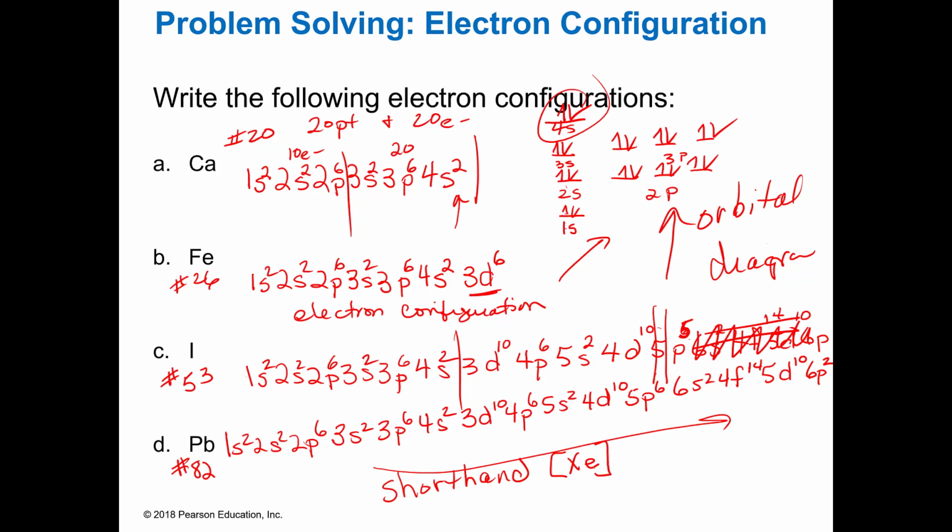Xe, that's xenon, because xenon has, let's see, xenon has a full p orbital. It has a p6. So you go to that last full p, okay, can't use that one because it's not full, and then you just write 6s2, 4f14, 5d10, 6p2, and that's the shorthand way.